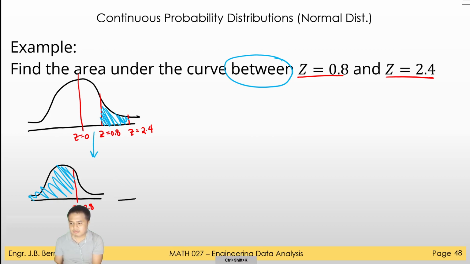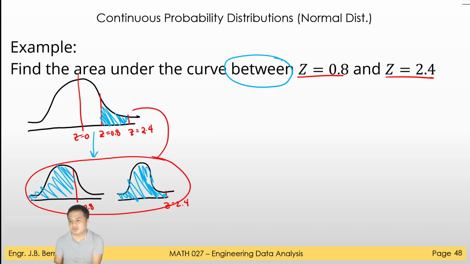And then for z equal to 2.4, if this is 2.4, this is what we will get in the table. Now, how do we determine this area? What we can do, as you can see, is subtract these two, di ba? If we subtract these two, we can get this. So basically, we have to subtract 0.8.